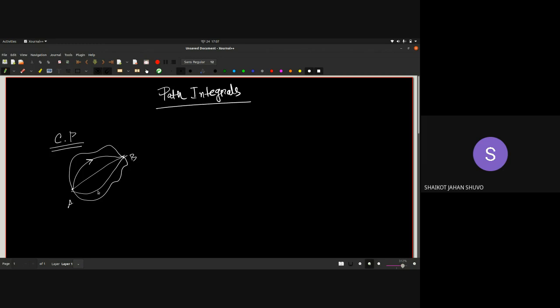The difference between the path integral and the principle of least action is something like this. So this is your classical picture, and this is the quantum picture. Similarly, you have this A and B. You have a particle that can go from A to B in different paths and stuff like that.